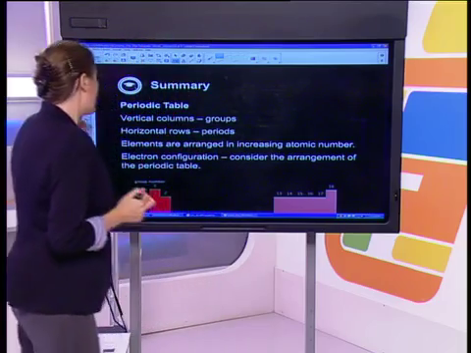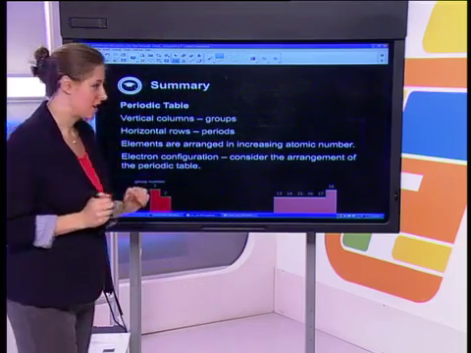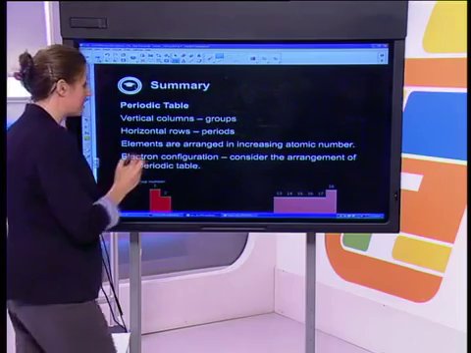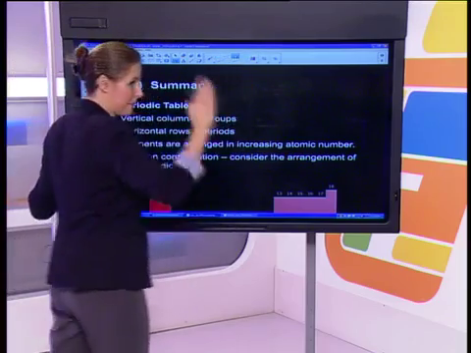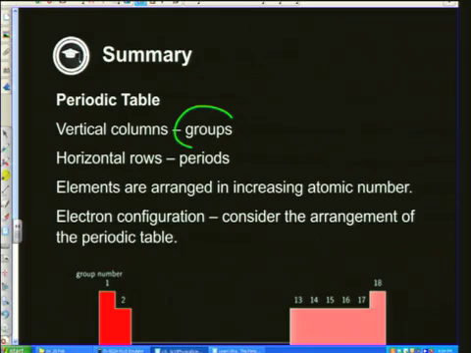So, a few words in terms of terminology. When I speak about vertical columns, that's going up and down, those are called the groups. If I speak about horizontal rows going across, that's what we would speak about as periods. And I want you to note that elements are arranged in increasing atomic number. Now, what is the atomic number?